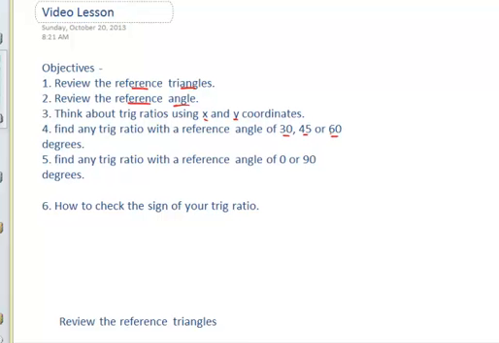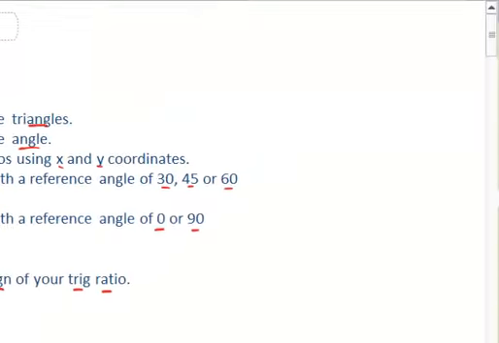Then we'll talk about special quadrantal angles where the reference angle will be 0 or 90. Lastly, we want to always check the sign of our trig ratio to make sure it's correctly displayed as positive or negative. There's a neat acronym for that, so we can make sure we get the sign of the trig ratio correct.